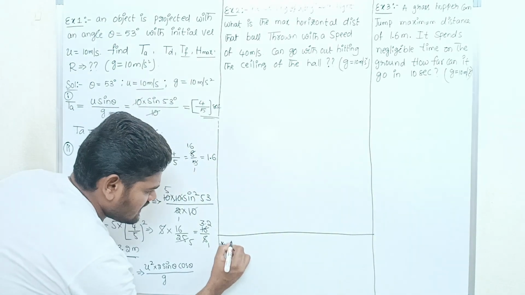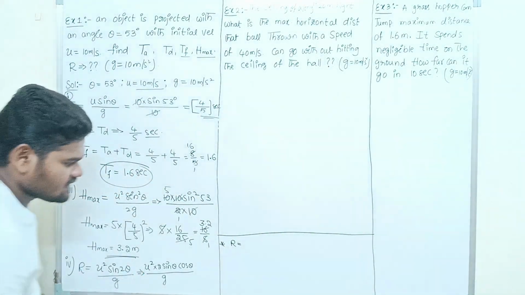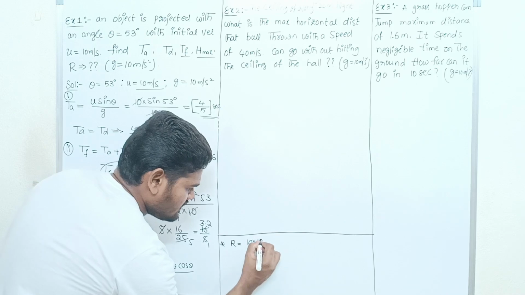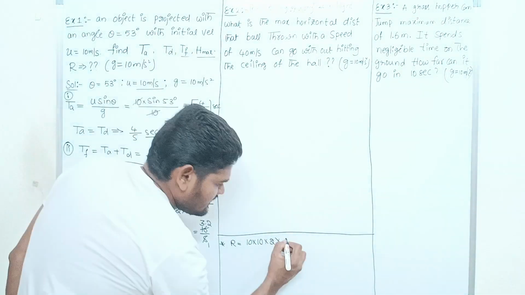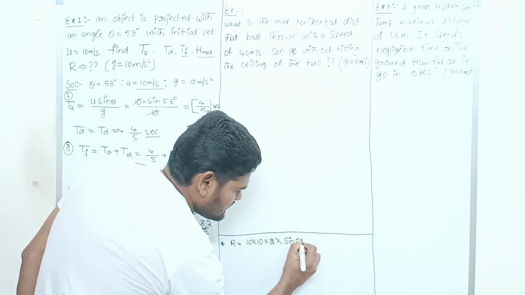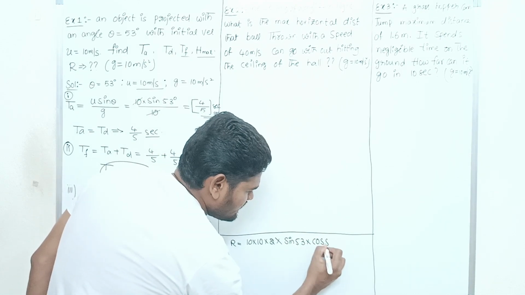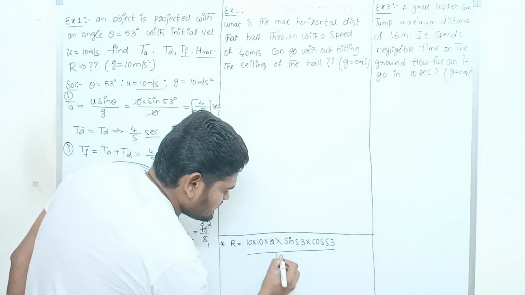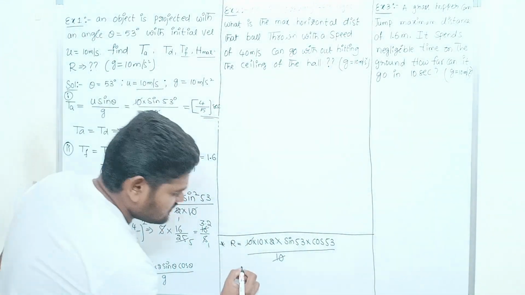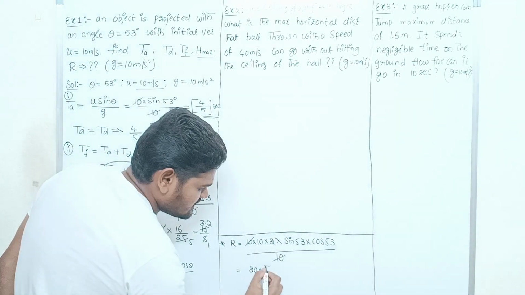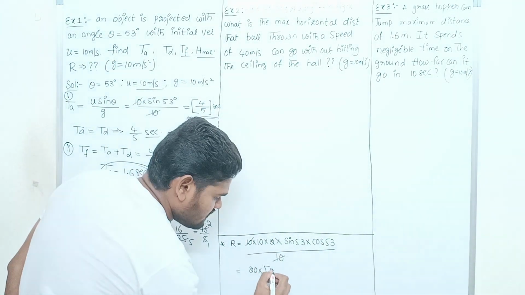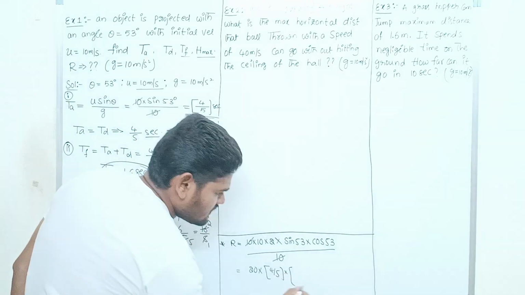So range R is equal to u square, that means 10 into 10 into 2 into sine theta. Theta value is how much? Sine 53 into cos 53 divided by g value, which is 10. Again 10, 10 get cancelled out. That is equal to 2 tens are 20 into sine 53. What is the value of sine 53? 4 by 5 into cos 53.